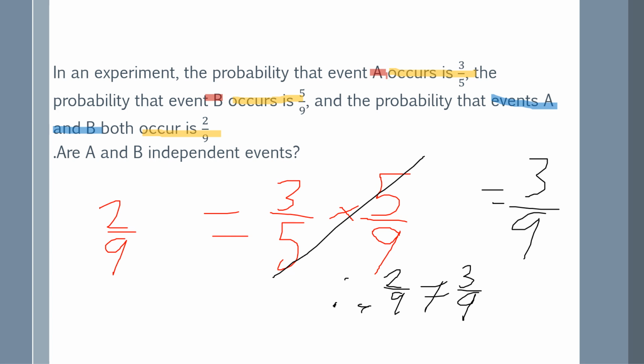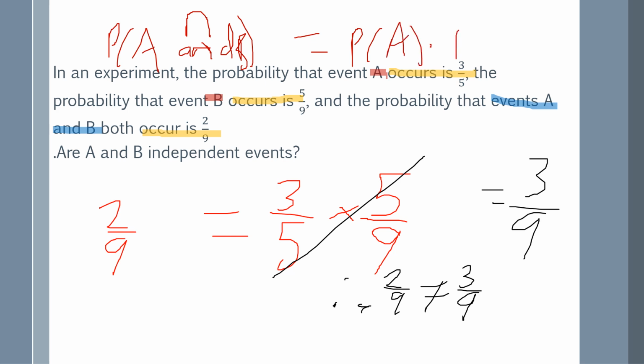So, does the probability of A and B, and in statistics it is used as an intersection symbol, so A and B, does it equal probability of A times probability of B?